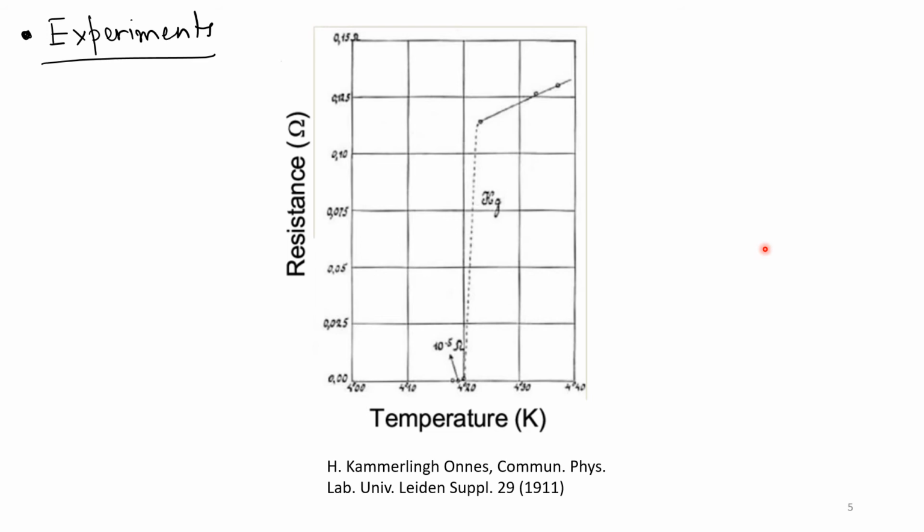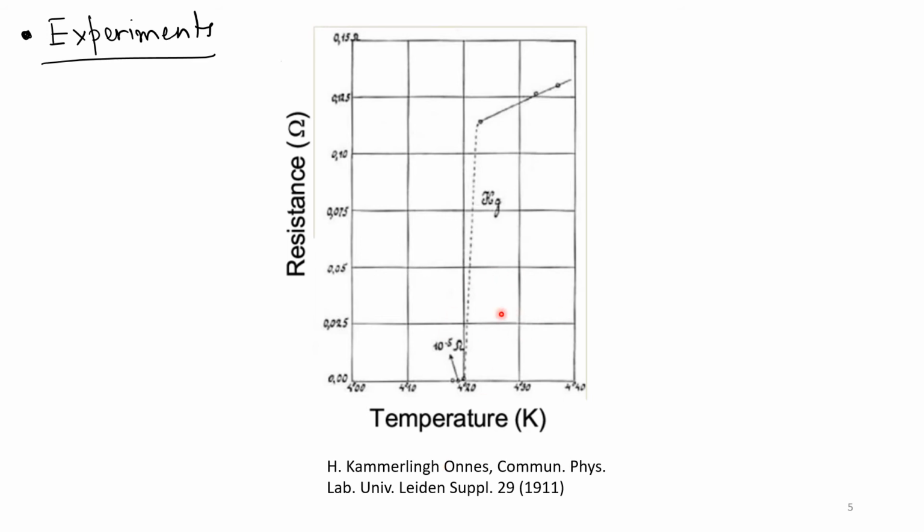Okay. So far I've given you an idea of what you expect. So it is always good to refer to actual real experiments to see how much they are actually seen in real material. So this is the first paper, the first ever discovery of superconductivity by Kamerlingh Onnes, as you probably are aware, a Dutch physicist from the Netherlands.